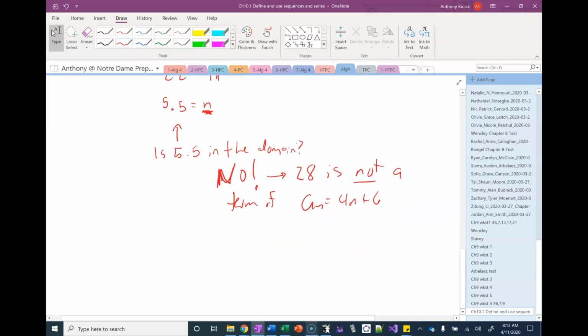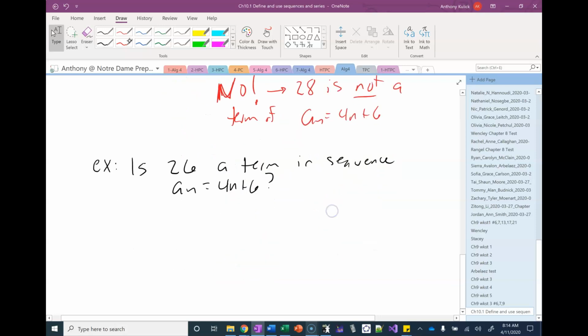Okay. What would it look like if it was? Well, let's ask this question. Is 26 a term in the sequence a sub n equals 4n plus 6? We'll kind of begin the same way.